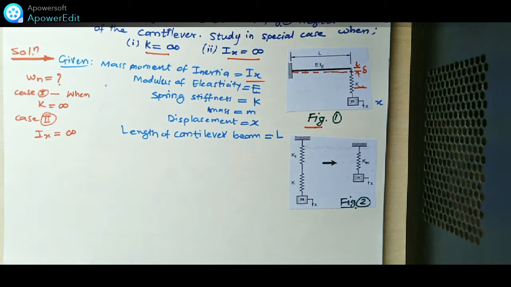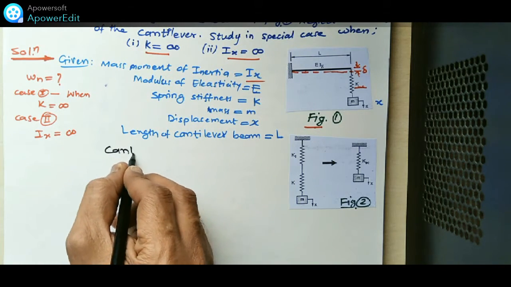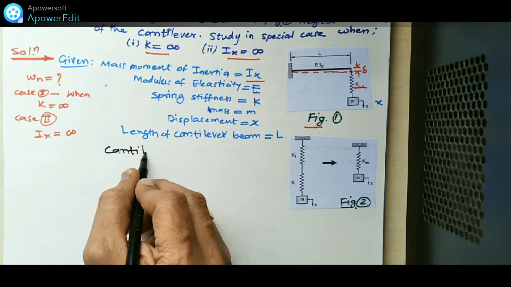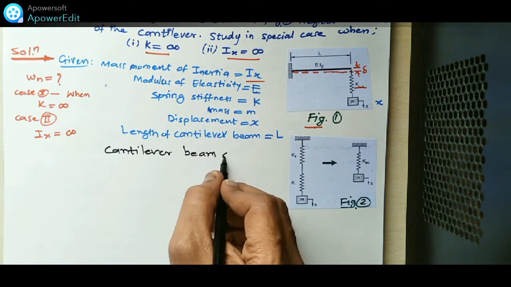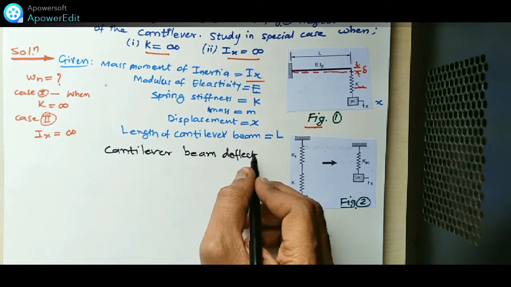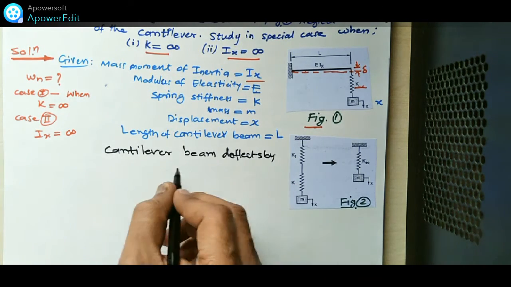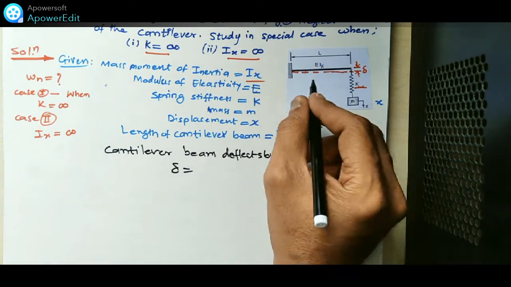This delta is what we have to find out here. The cantilever beam deflects by this delta, and we can write the delta by using this.